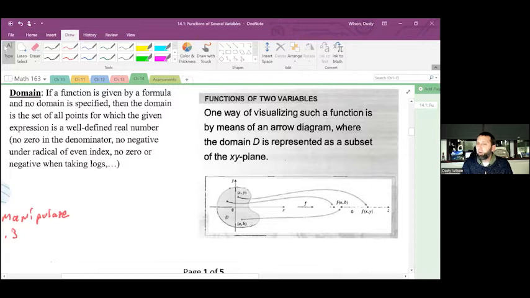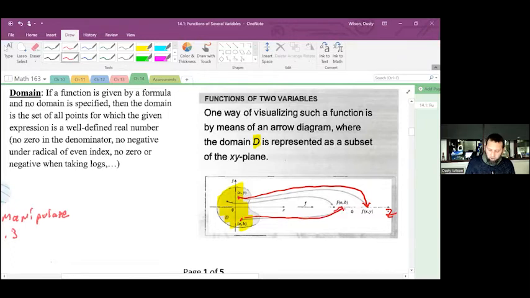So for functions of two variables, one way of visualizing such a function is by means of an arrow diagram, where the domain D is represented as a subset of the xy plane. So here, your D is the kind of bean-shaped region, and there would be points x, y in that region that will map to various z values. Different x, y, different z.